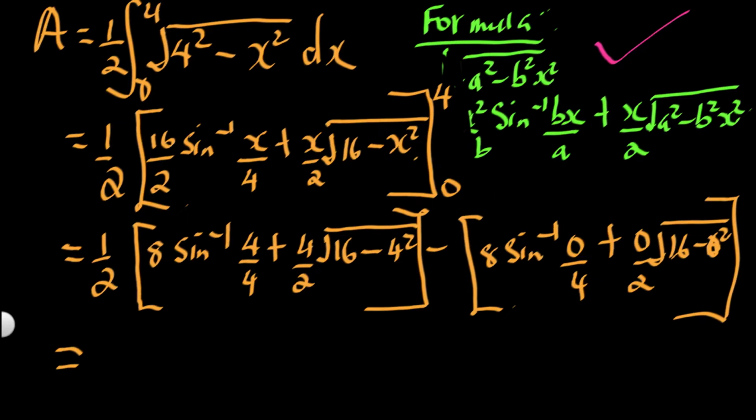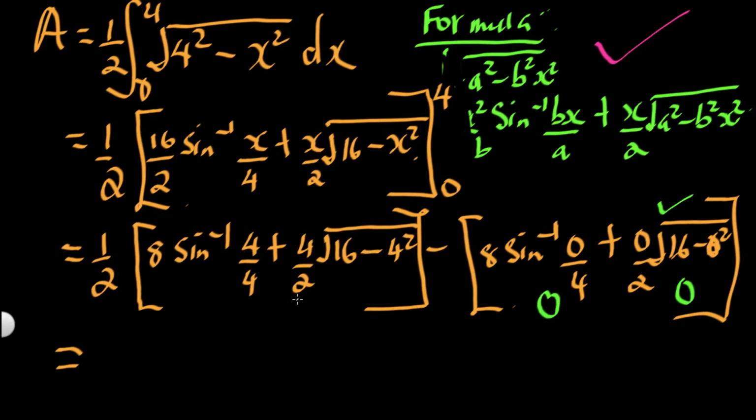From here, all we have to do is just to punch in our calculator and get an answer. If you look at the second bracket, this is 0. This part here is going to be a 0. Arcsine of 0 is 0. And then we're going to just deal with this part.